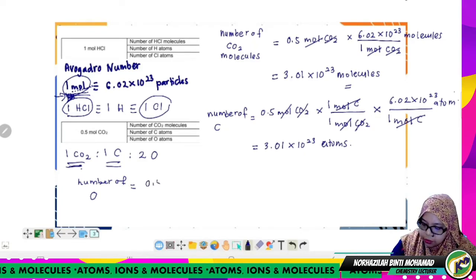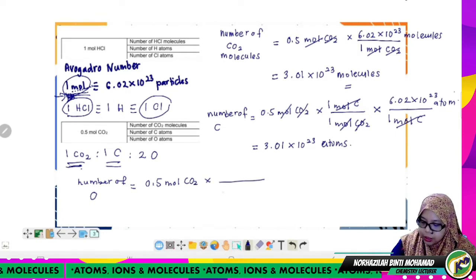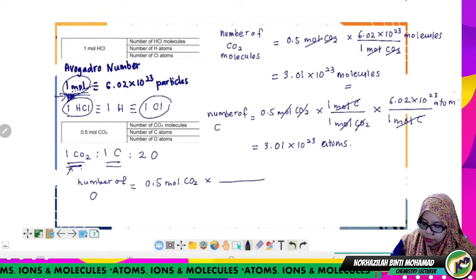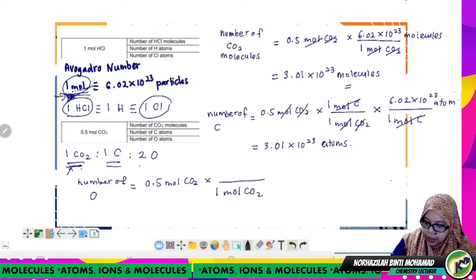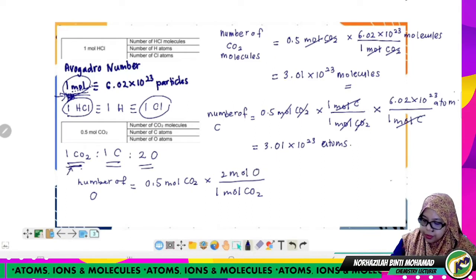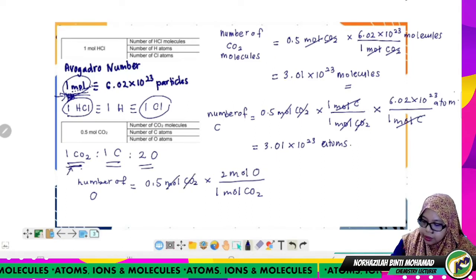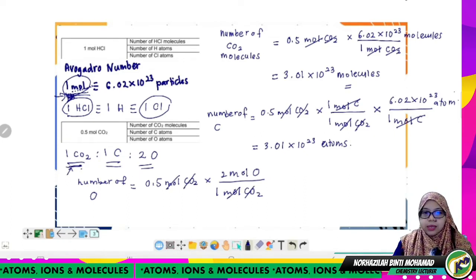We have 0.5 mole CO2. We want to cancel the unit CO2, so we write 1 mole CO2 first, and then 2 mole O. So we can cancel the unit of CO2 and leave the unit of mole oxygen.